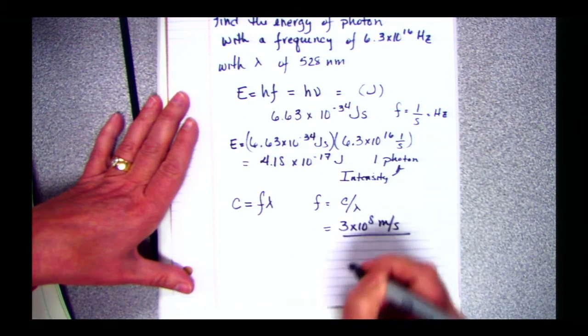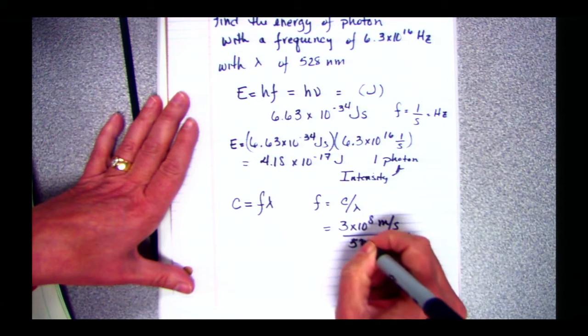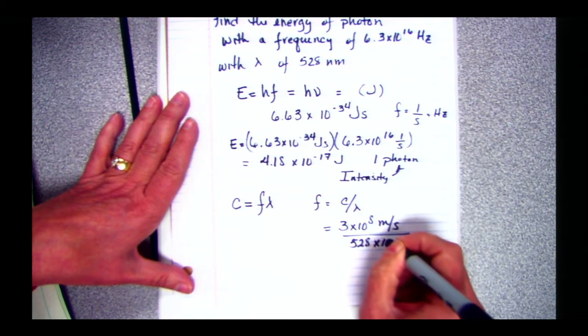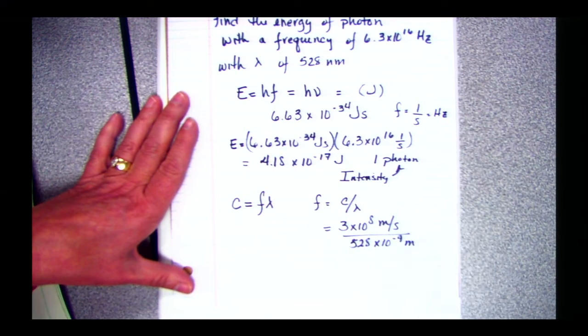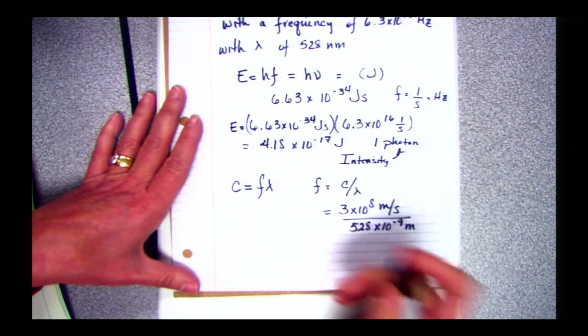And for those of you who want to know what 528 is, 643 is the helium neon that you guys have been using in lab. 528 is actually an argon laser. It's kind of a bluish green color when you actually see it. And that's going to have a frequency of 5.7 times 10 to the 14 hertz.